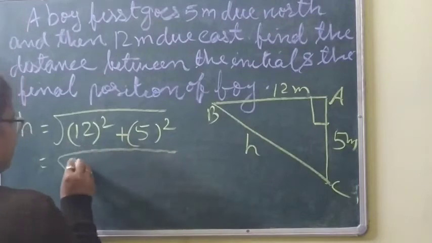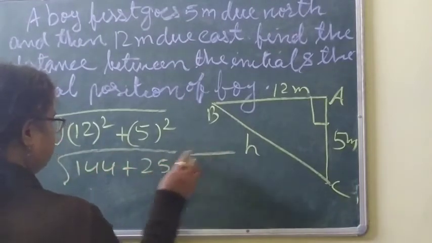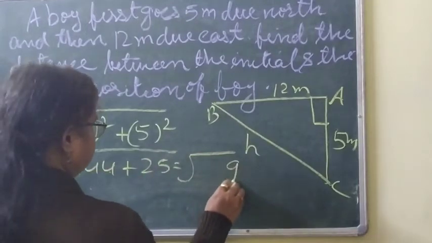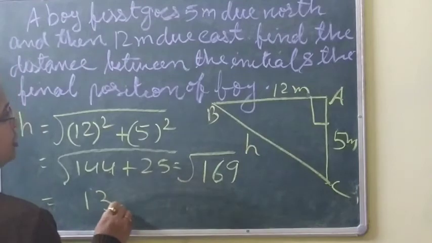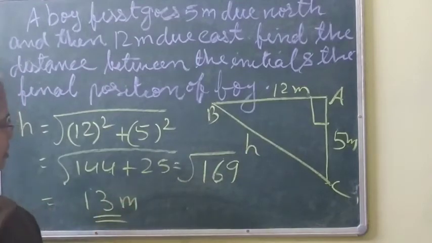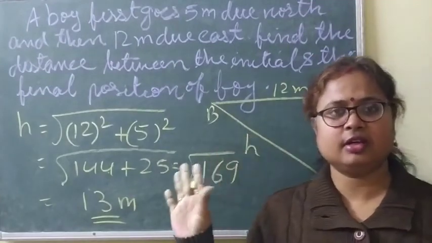Square of 12 is 144, and square of 5 is 25, and this is equal to 169, and the square root of 169 is 13 meters. Answer. Clear?